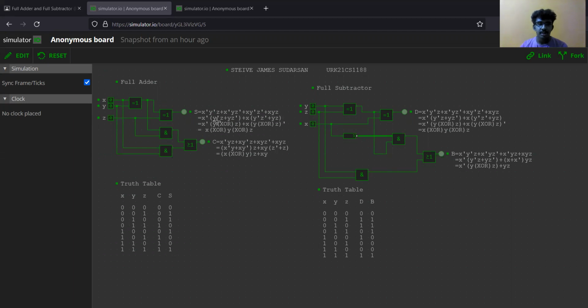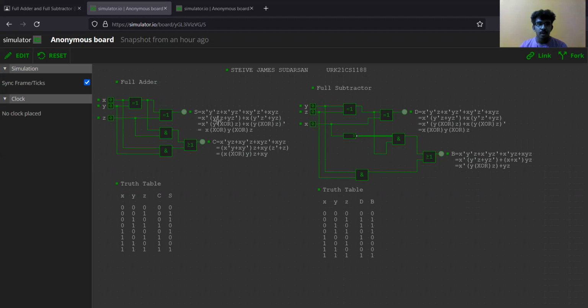Now we are simplifying it through the normal substitution method. Here we are taking x complement as common, hence we are getting x complement into y complement z plus y z complement, and here we are taking x as common. So here we are getting y complement z complement plus y z.